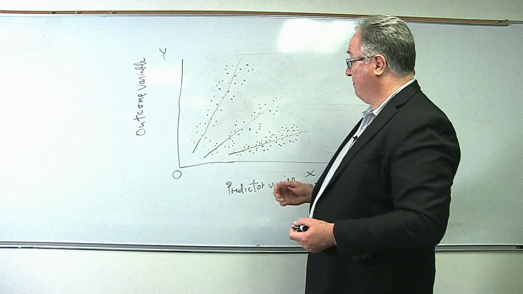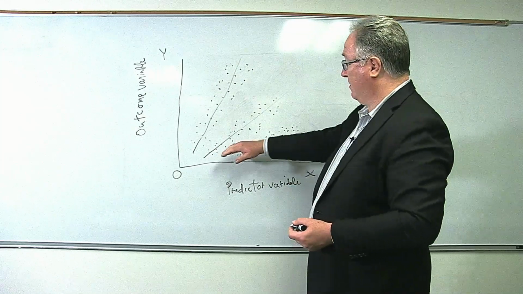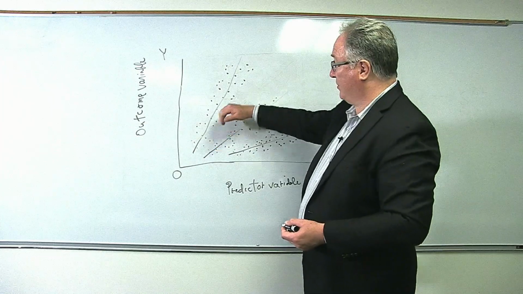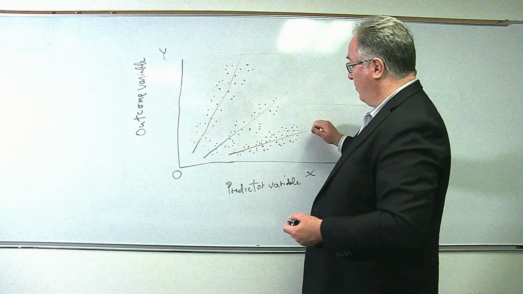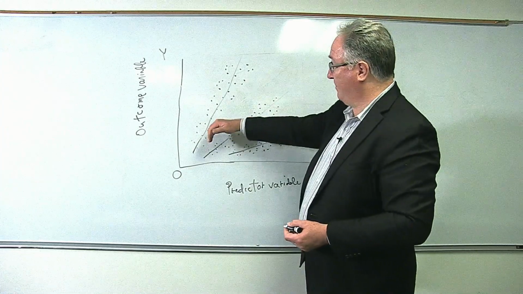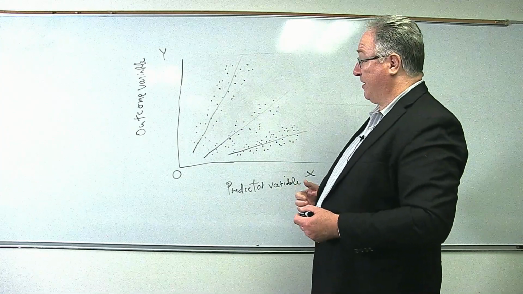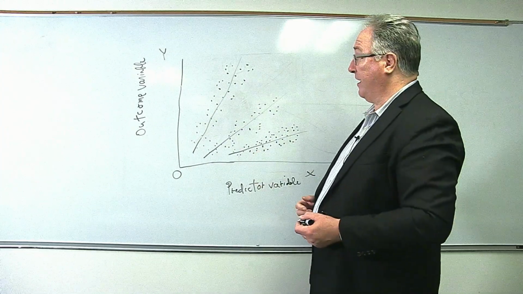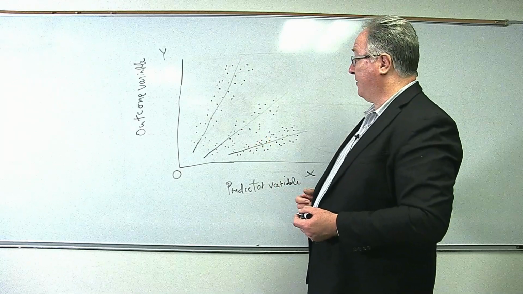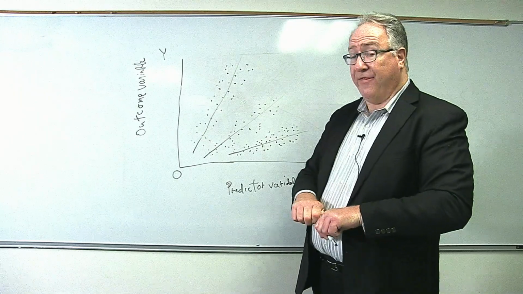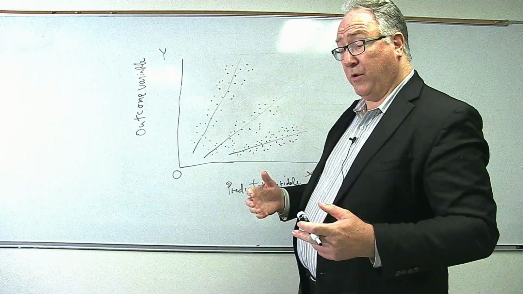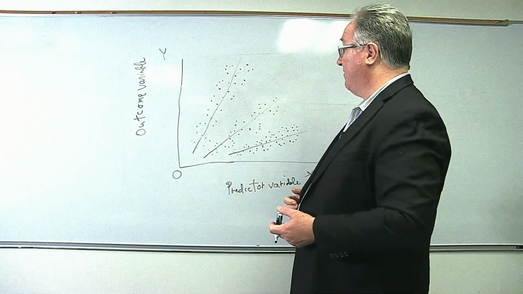But in any event, regardless of the slope of the linear relationship, here it's pretty shallow, here it's steeper, and here it's a steep slope, which tells you something about the strength of the linear relationship between the outcome variable and the predictor variable. In each case here, you have a linear relationship. And that is the assumption then in multiple regression. We talk about the assumption of linearity.